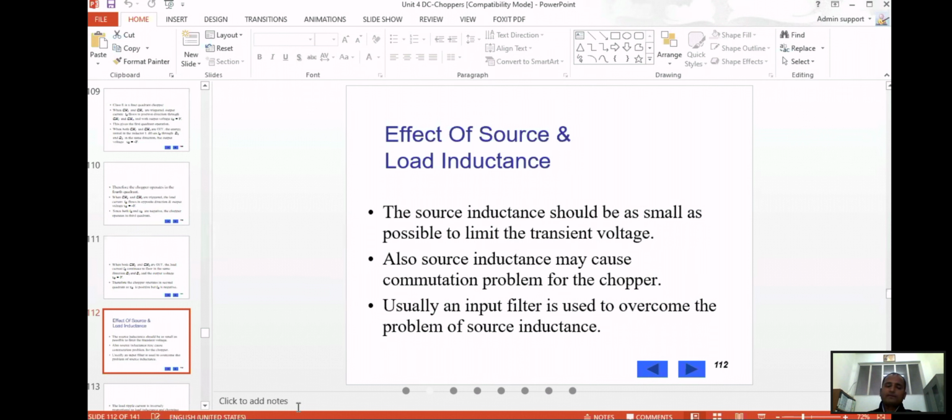Because of the source inductance problem, the filters are used. It means the capacitors are used in this case. Yesterday, one of you asked why we use capacitors. The capacitor has two functions.